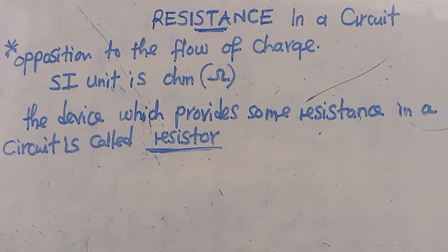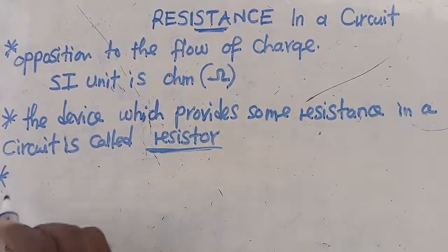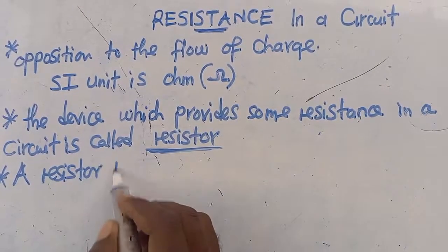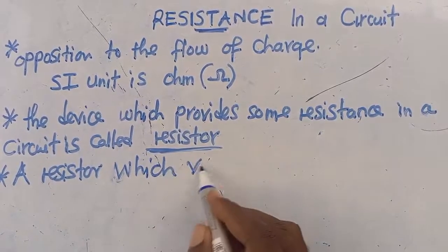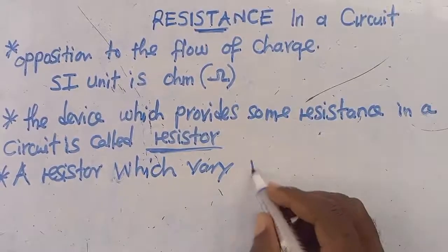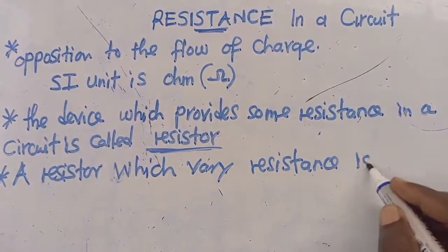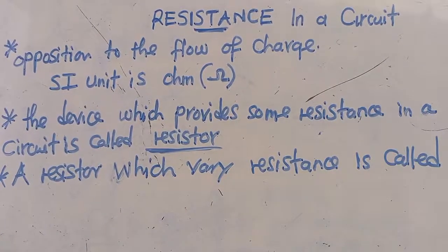A resistor which can vary the resistance is called a rheostat. Aside from knowing this, you also need to know that a resistor which varies resistance has a name that is given to it.